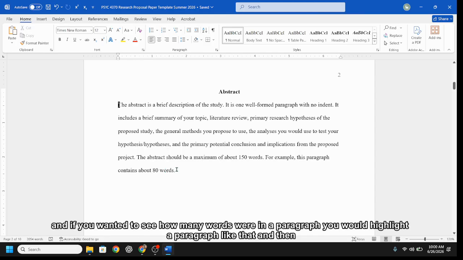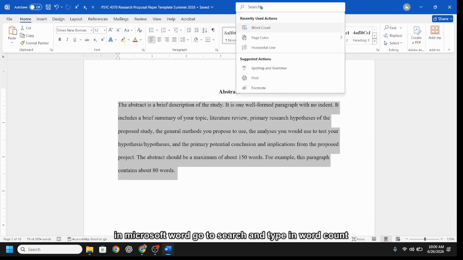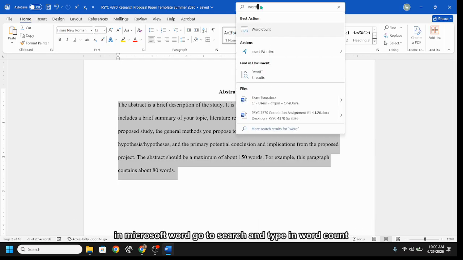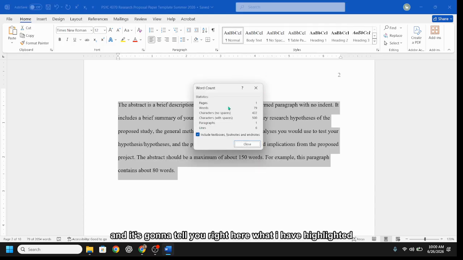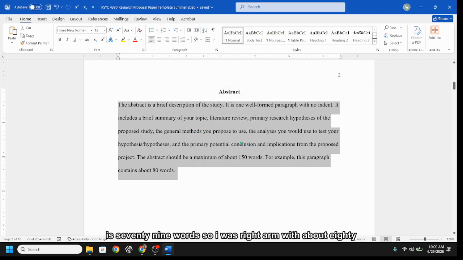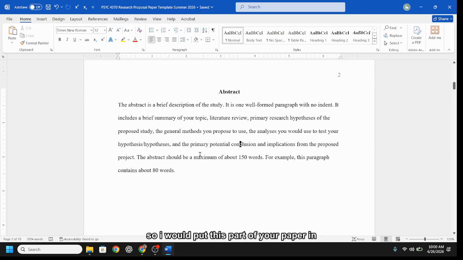And if you wanted to see how many words were in a paragraph, you would highlight the paragraph like that, and then in Microsoft Word, go to search and type in word count. And it's going to tell you right here what I have highlighted is 79 words. So I was right on with about 80. So I would put this part of your paper in after you've written everything else.